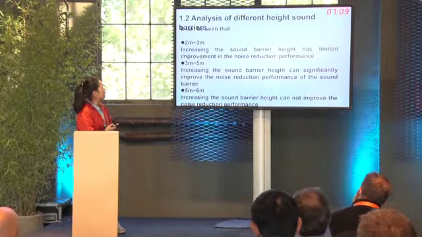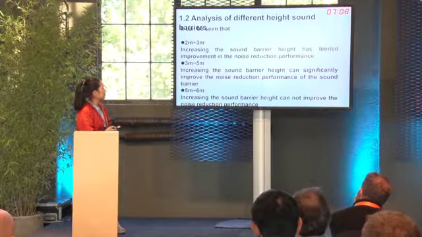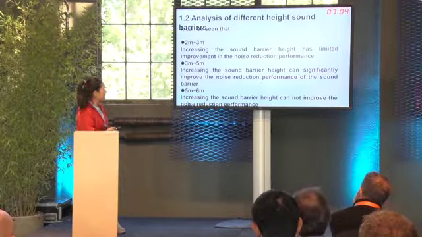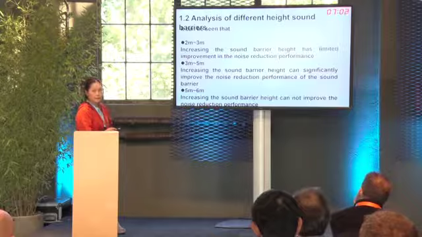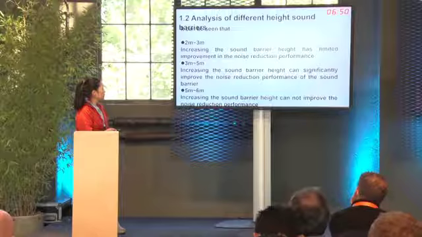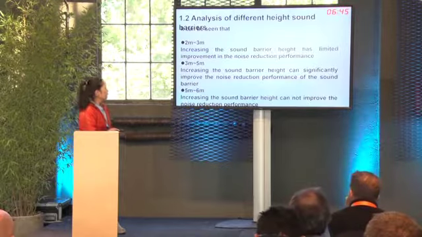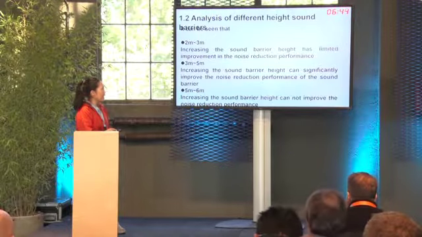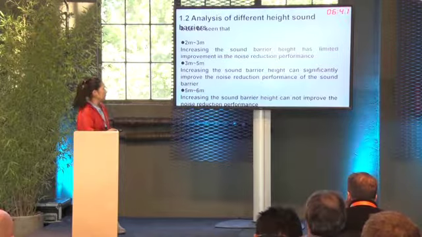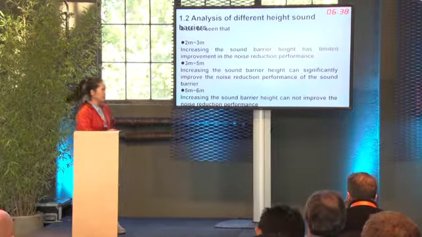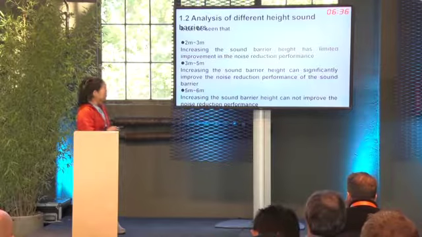So we can see that from 2 meters to 3 meters, increasing the sound barrier height has limited improvement in noise reduction performance. While from 3 meters to 5 meters, increasing the sound barrier height can significantly improve the noise reduction performance of the sound barrier.